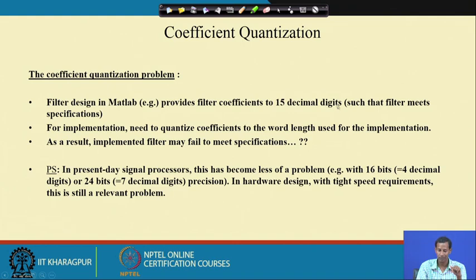15 decimal digits means the word length is basically 60 bits.